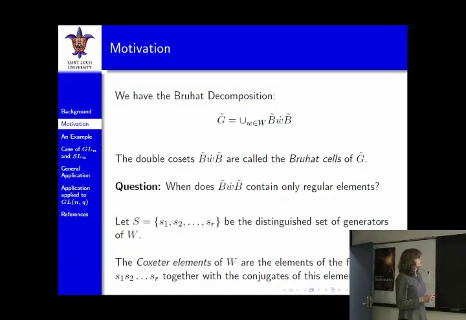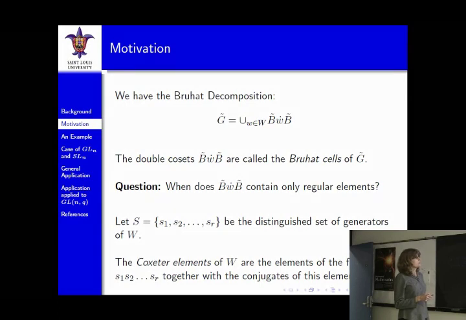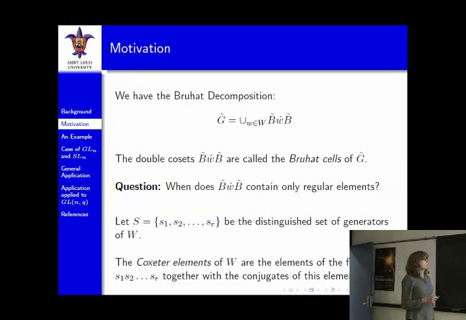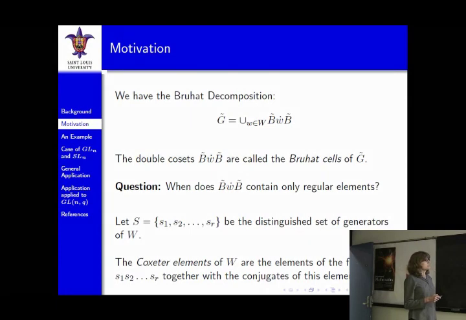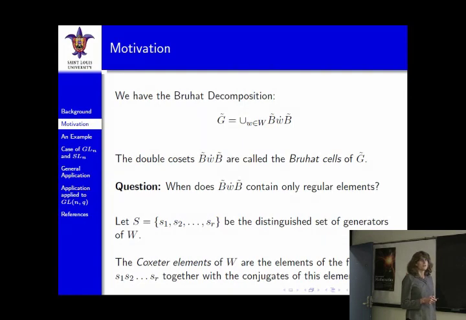Let's get into the motivation here. These connected reductive groups can be written in terms of Bruhat cells. By the Bruhat decomposition, the algebraic group is equal to the union of B tilde W dot B tilde, as we union over every element in the Weyl group. We can break down our algebraic group in that fashion, and that's called the Bruhat decomposition.